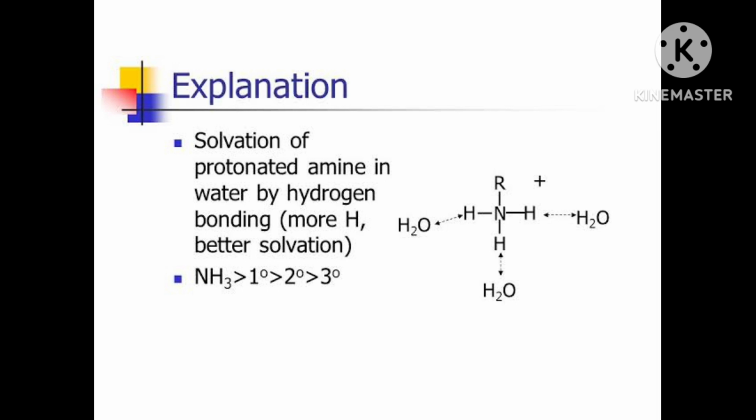Ammonia is least. The trend is not regular in the aqueous state, only in the gaseous state. You remember, this trend is valid only in gaseous state, not in aqueous state, as is evident by their K values.